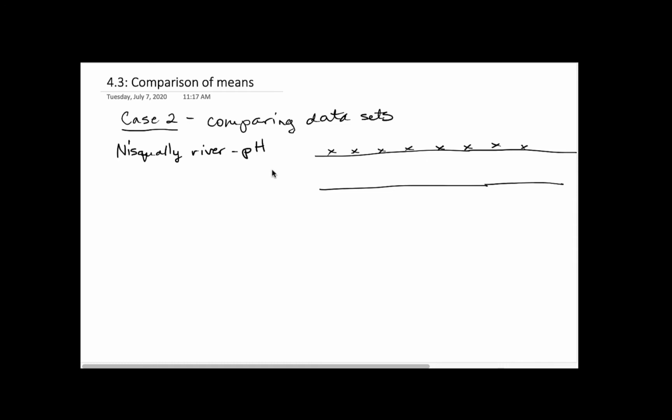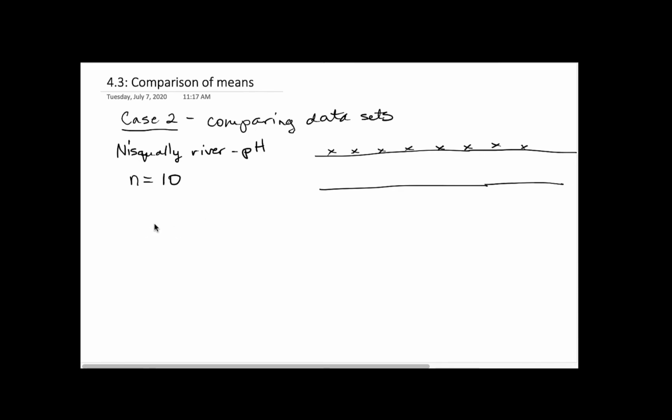Let's imagine that we take 10 pH measurements. I haven't taken this data, but I'm guessing that if we went down there and took some data, we would expect that the river would probably be pretty uniform in terms of its pH measurements. So anyhow, let's go ahead and look at some data.